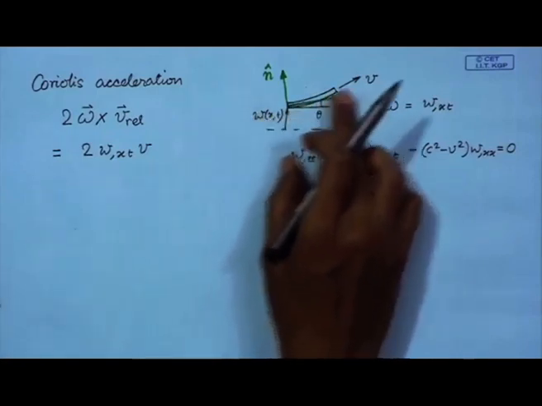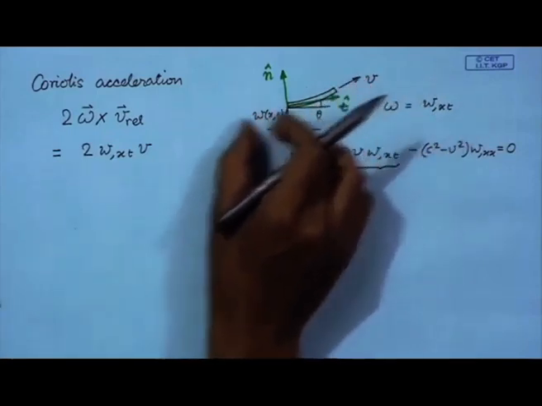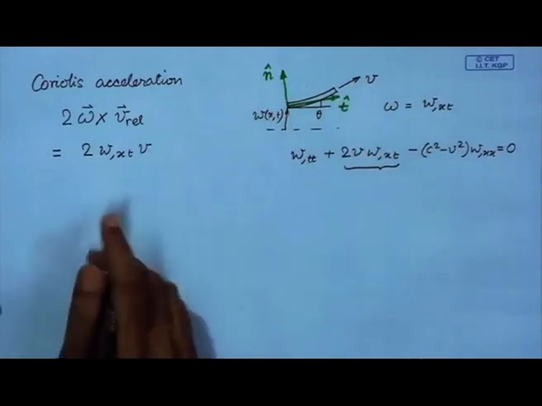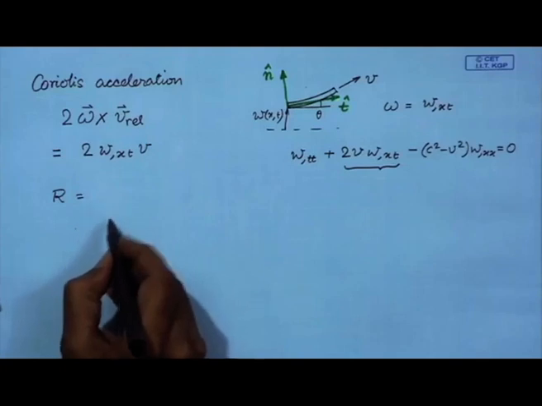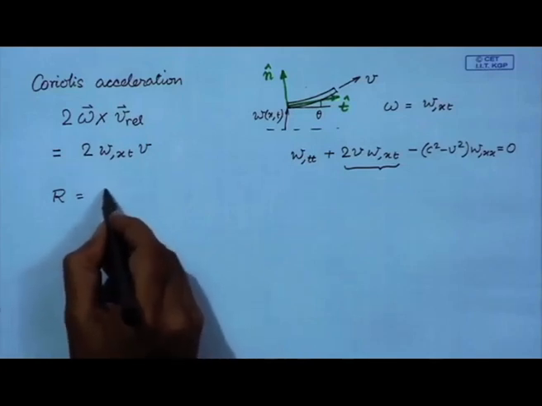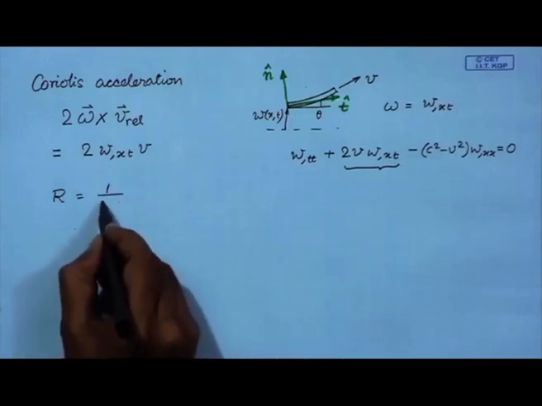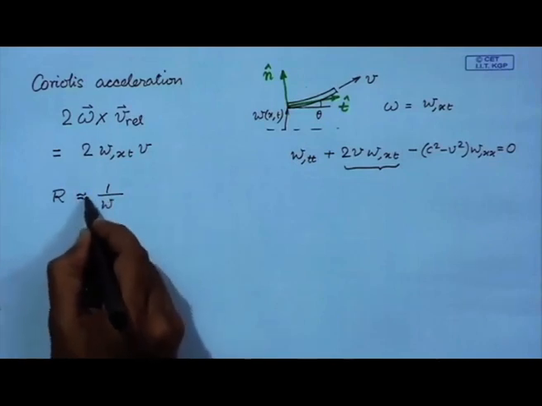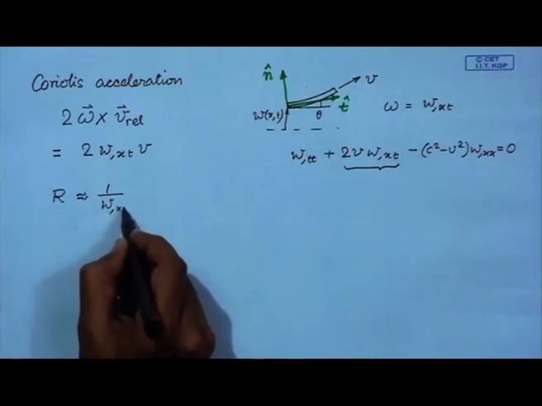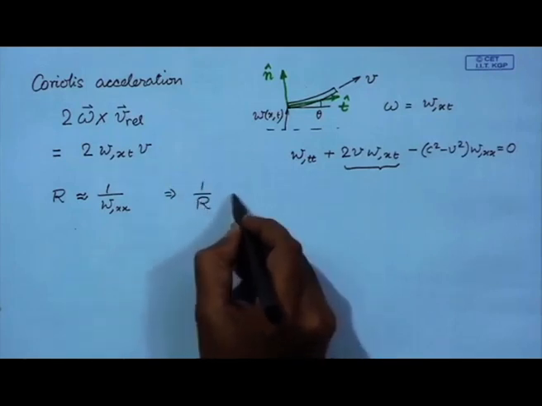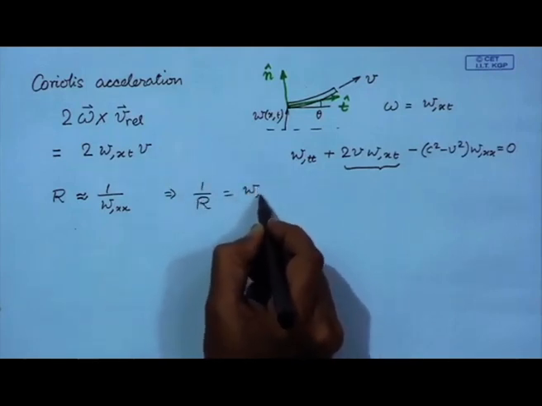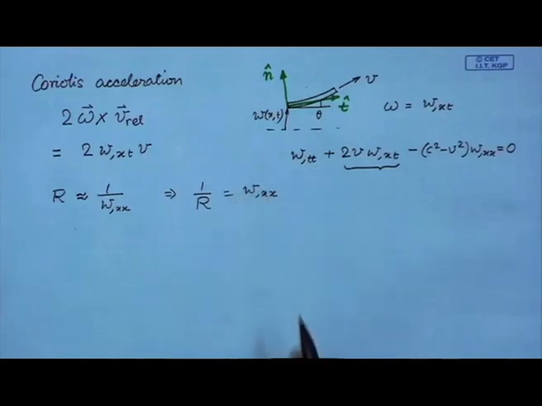So, this element is moving on a curved path, and the radius of curvature can be written as approximately, so the curvature, which is 1 over r, is the double space derivative of the field variable.